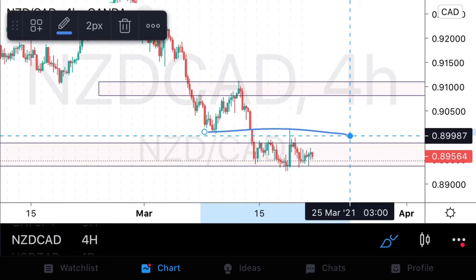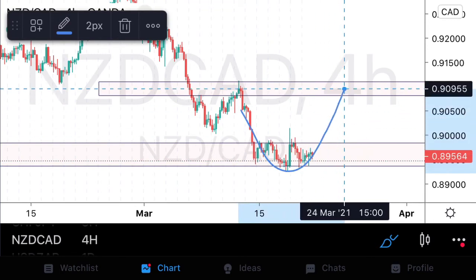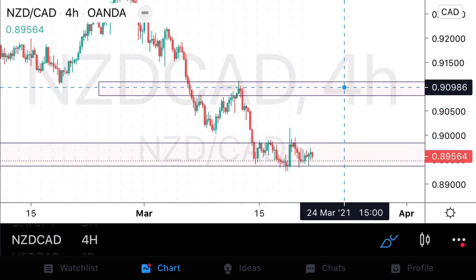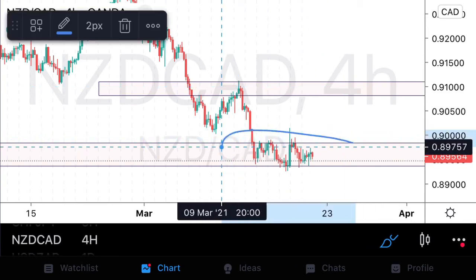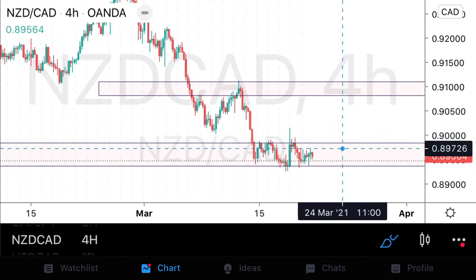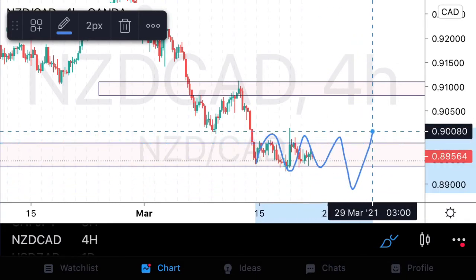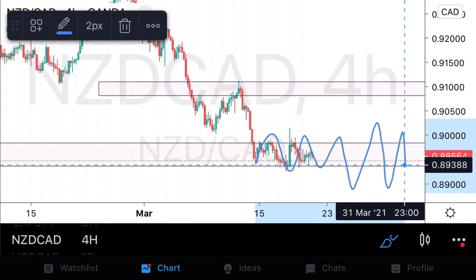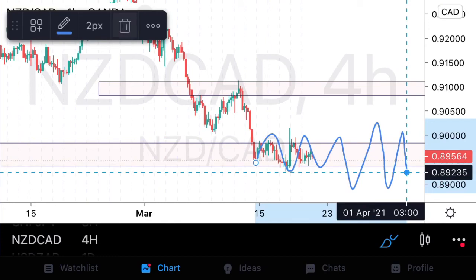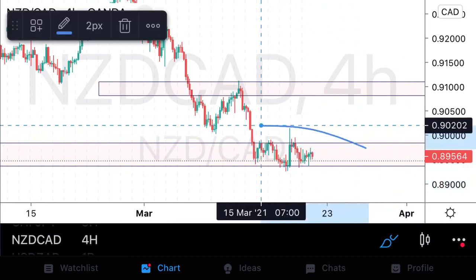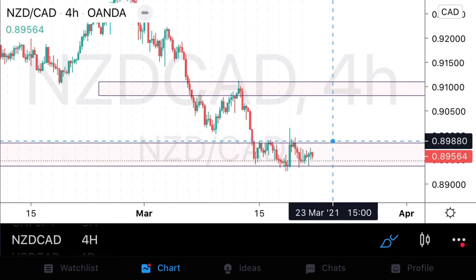What we also saw is that weekly structure is at support, so we could see some buyers essentially coming into this market. So if we want to be sellers, guys, we want to wait for structure to really develop or move away from this area here, because this is an area where a lot of manipulation could happen, because there are short-term or lower time frame traders looking to sell this market, and there are going to be higher time frame traders also looking to be buyers at these areas here.